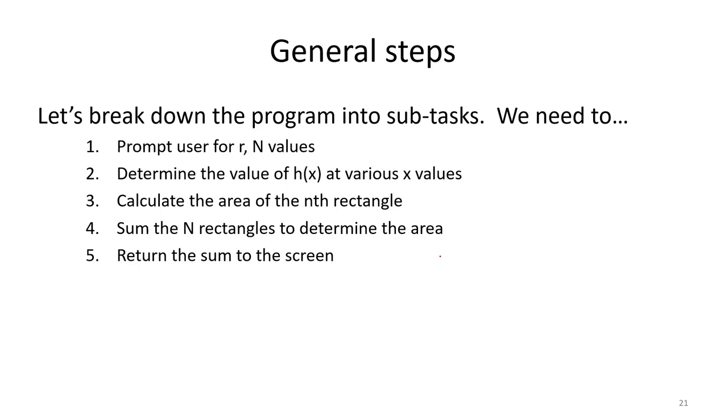We can write a function that will first prompt the user to give us the radius and the number of rectangles. Then we can create a function hOfX, and that will give us the height of our rectangle at any x location.